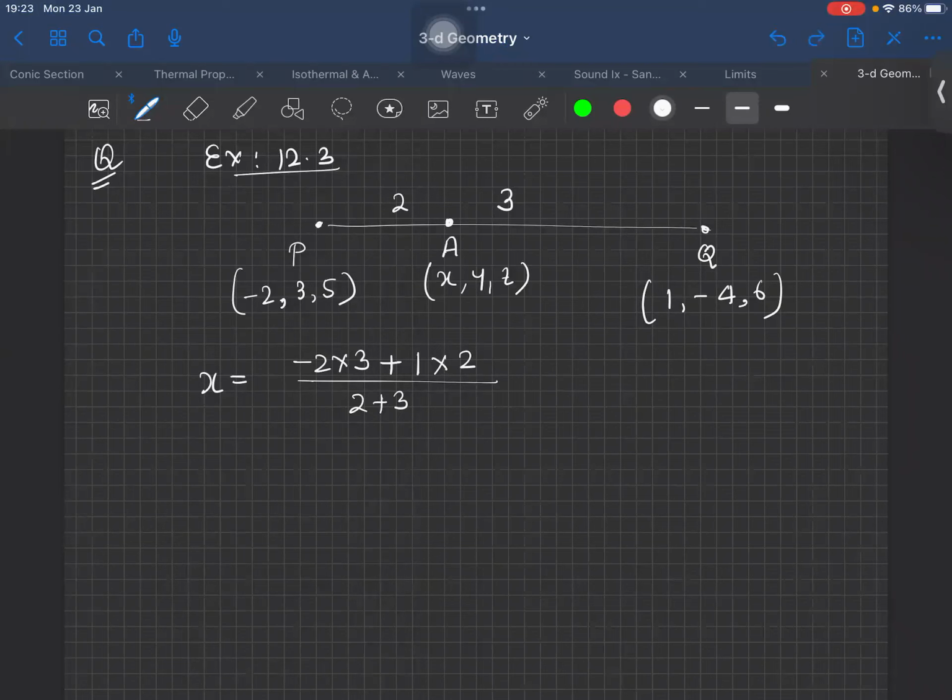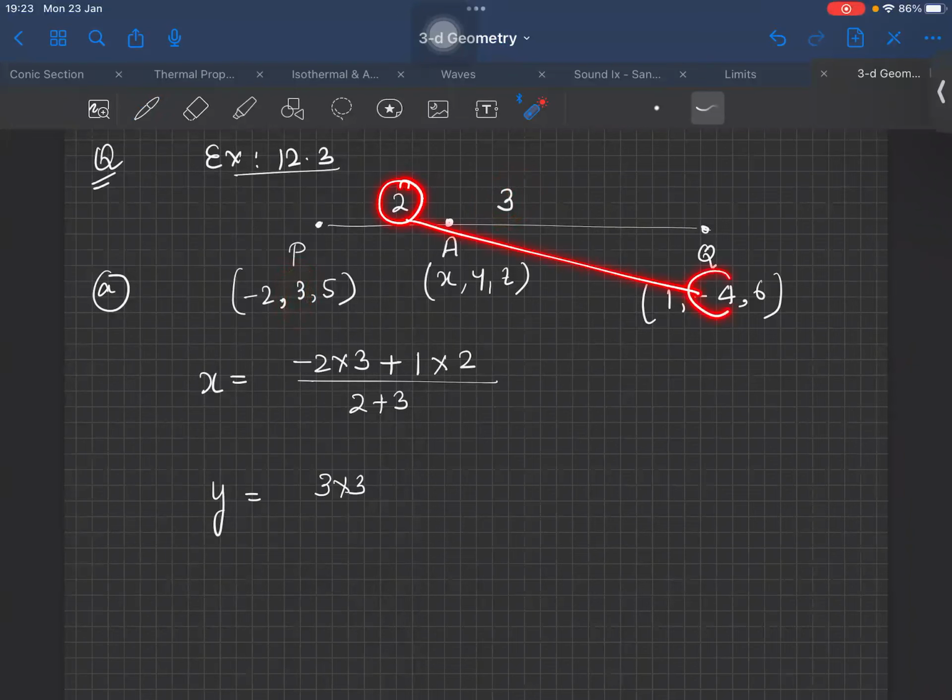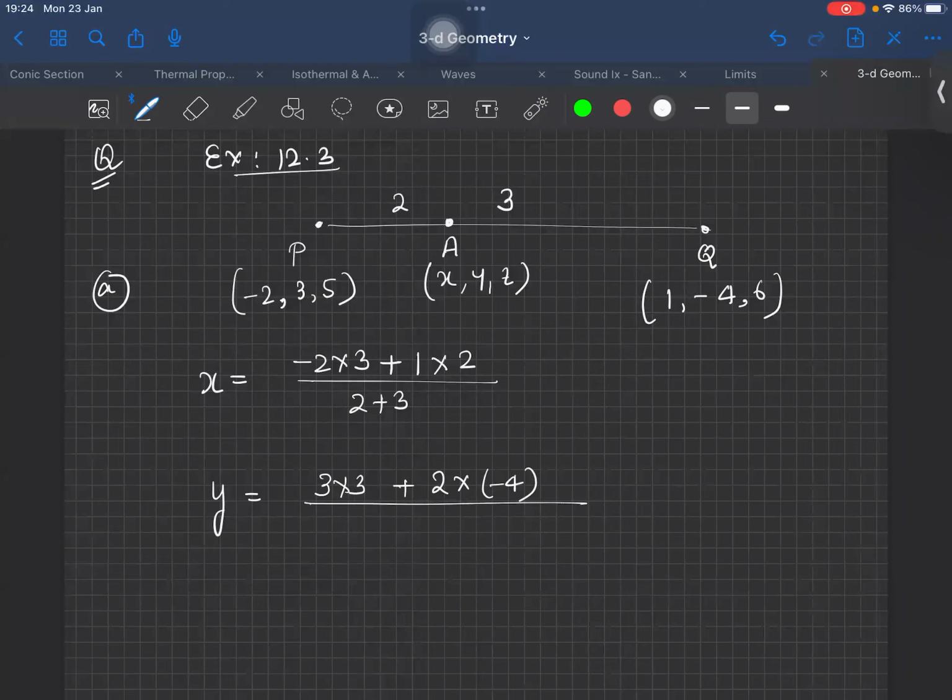So this will be x, this is y, so this is a. We are solving an internal division, right? So we are multiplying the y coordinate with this 3, and 2 with -4: (3 times 3 plus 2 into -4) divided by the sum of ratios 3 plus 2.